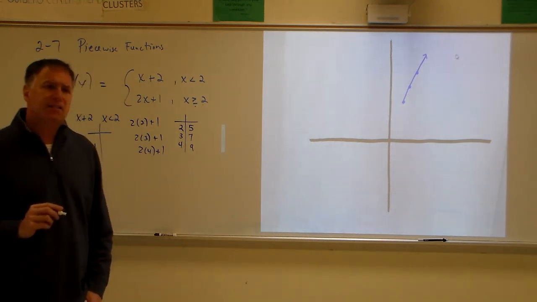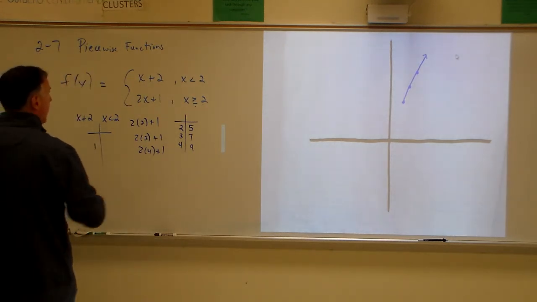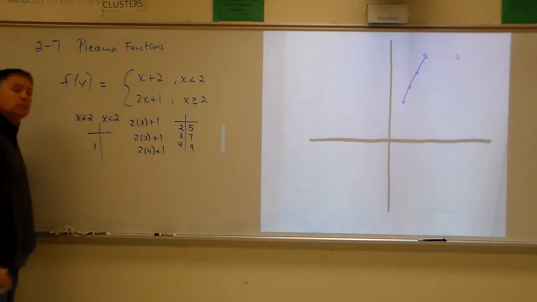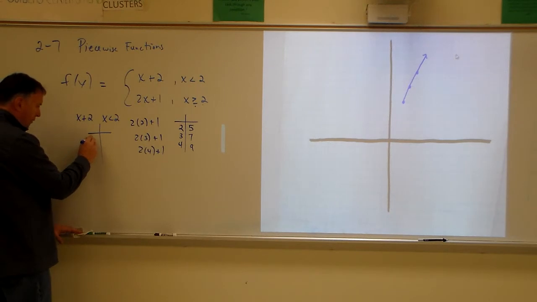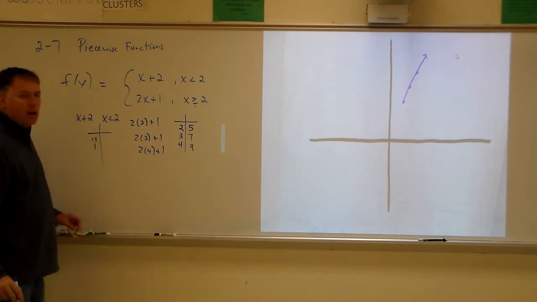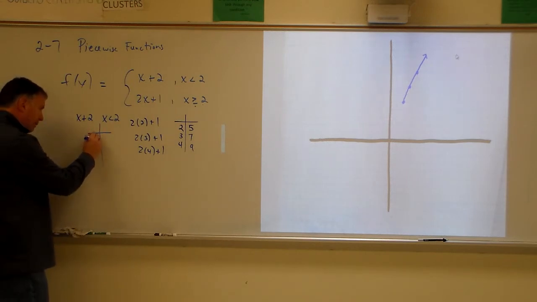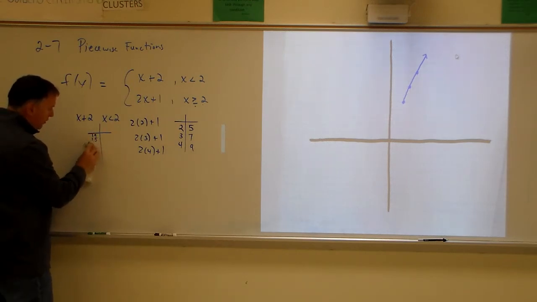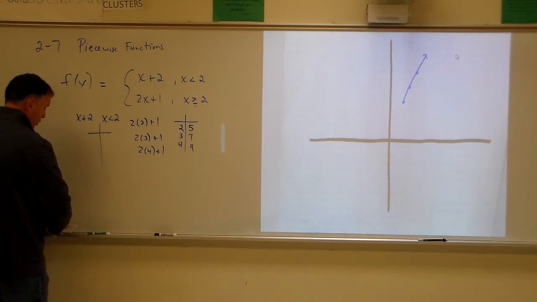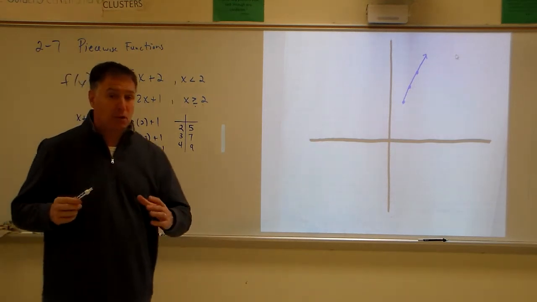Someone will say, well, what about 1.5? Well, I'll put 1.5 right above it. And someone will say, what about 1.9? Yeah, you got 1.9. There's no smallest value there that's close to 2, because you could be using decimals, you could be using fractions.